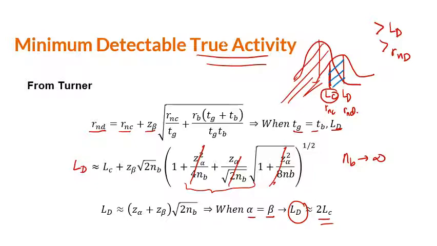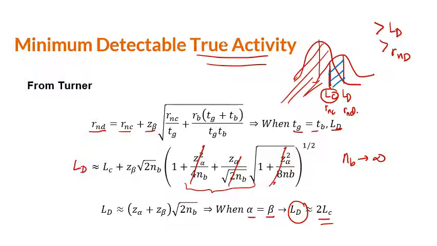Kasi mababa yung background count mo. So, mabilis ang measurements lang. So, pag greater than LC, merong significant activity siguro dito sa area na to. Pwede mong sabihin yon.